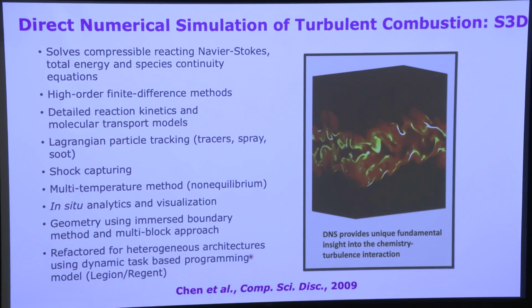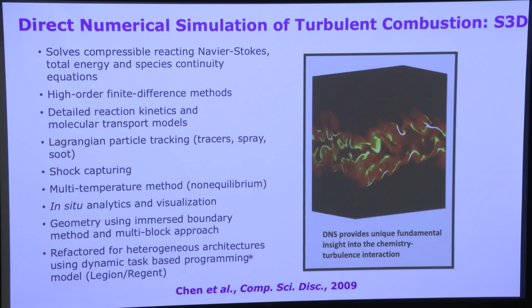As I said before, we treat detailed reaction kinetics and molecular transport models. And then we have Lagrangian particle tracking methods for massless tracer particles. We also have a dilute spray model that treats the spray as parcels of droplets in a point source manner. And then we also have soot models using a hybrid method of moments that was developed here by Michael Mueller.